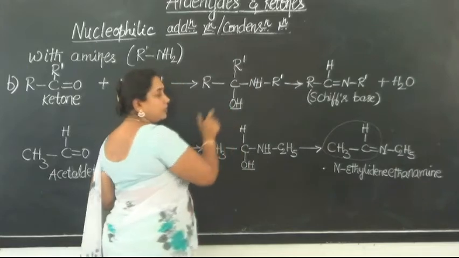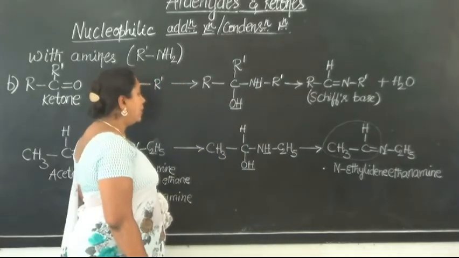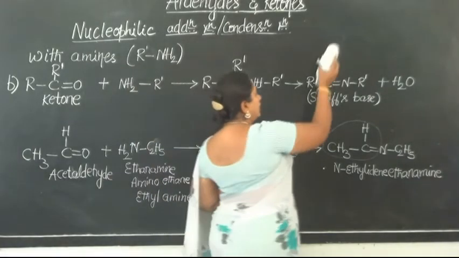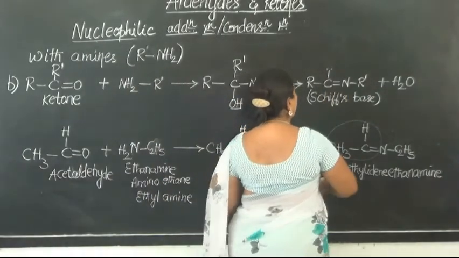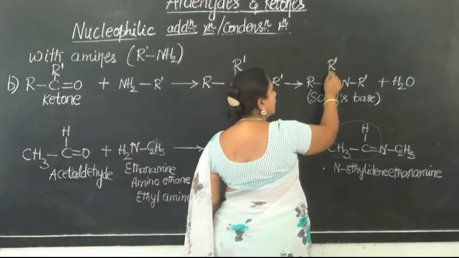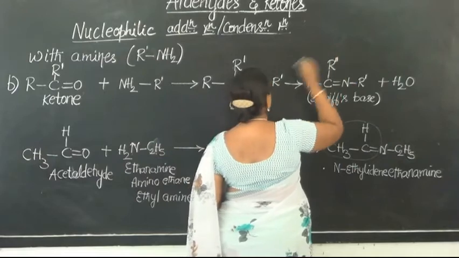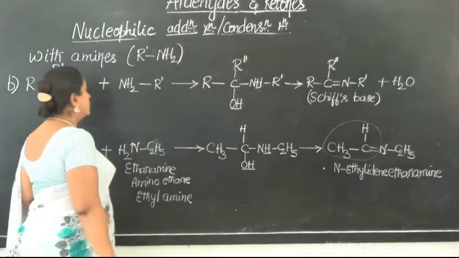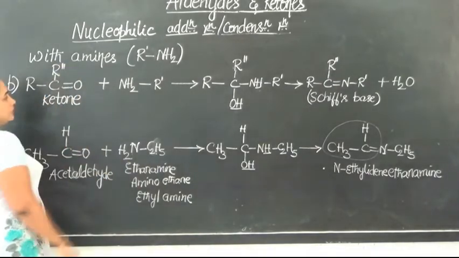So now we will end up in the formation of a ketone addition product, which will eliminate a molecule of water and result in the formation of a Schiff's base. Everything will be the same except for one more R dash. I will write it as R double dash only to differentiate the compounds. Here also I will do that.